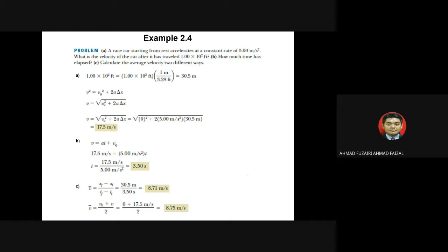Hopefully you can understand these concepts, if you want to apply those equations: v equals v naught plus at, or delta x equals v naught t plus half at squared, or v squared equals v naught squared plus 2a delta x. That is based on constant acceleration.